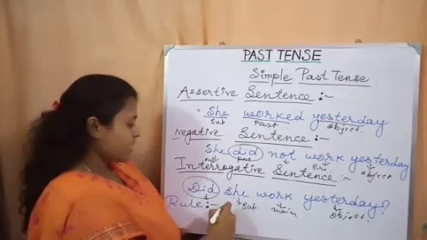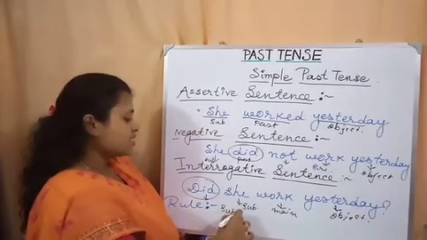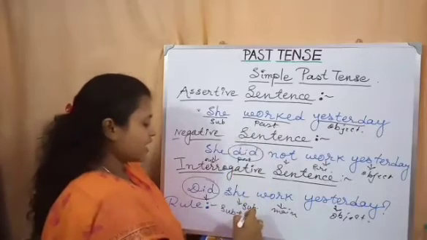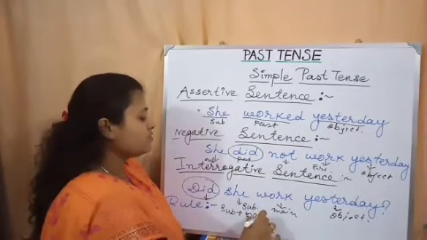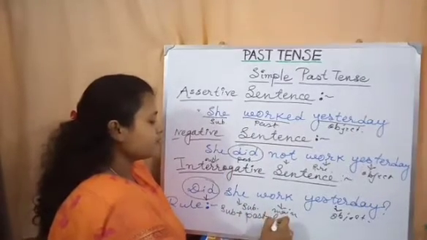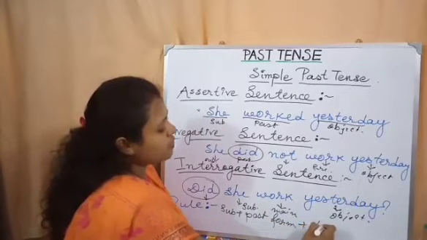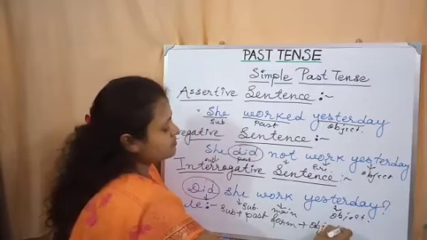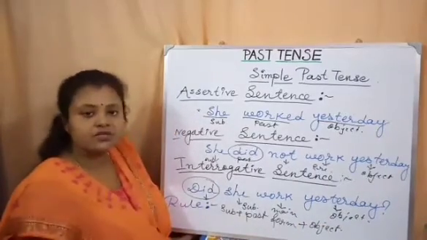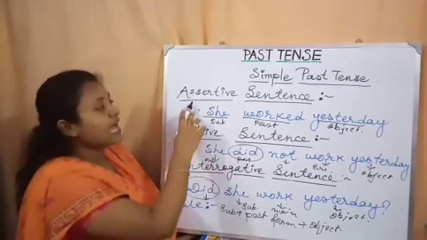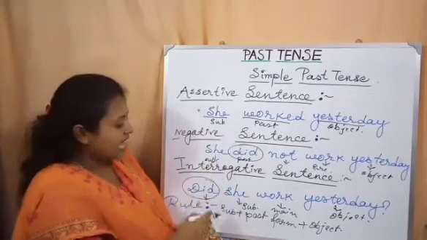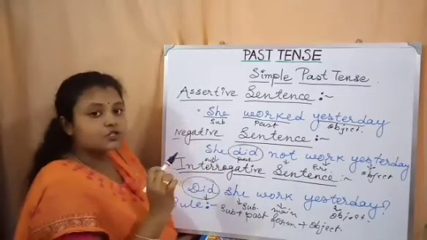So what is the rule of simple past tense? First you have to write the subject, then you have to write the past form of the main verb, then you have to write the object. Okay students, so this is the rule for assertive sentence. And in negative sentence, what is the rule?